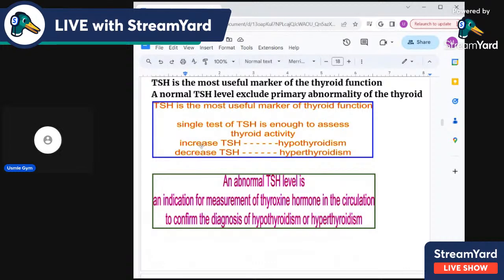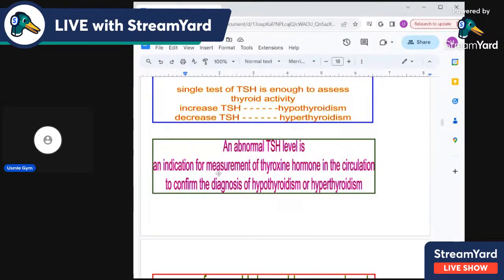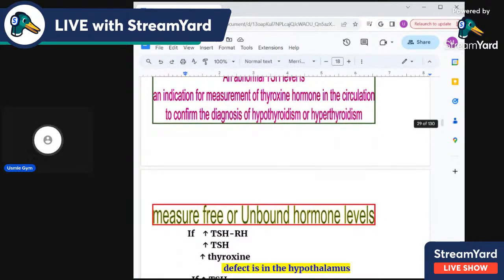So if there is increased TSH, there is hypothyroidism. And if there is decreased TSH, then it's hyperthyroidism, which increases negative feedback inhibition of pituitary TSH production and causes decreased TSH. An abnormal TSH level is an indication for measurement of thyroid hormone in the circulation.